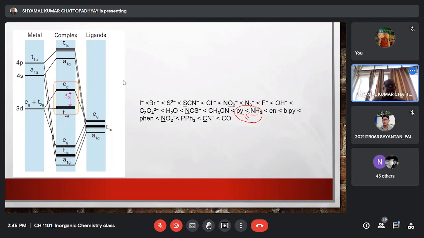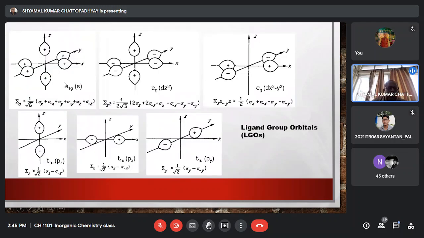And I repeat, in this MO diagram we have considered only the sigma bonding part. We have not included any pi bonding part, because when we constructed the ligand group orbitals, we considered first of all 6 sigma donor orbitals of the ligands, which we combined to get 6 LGOs.